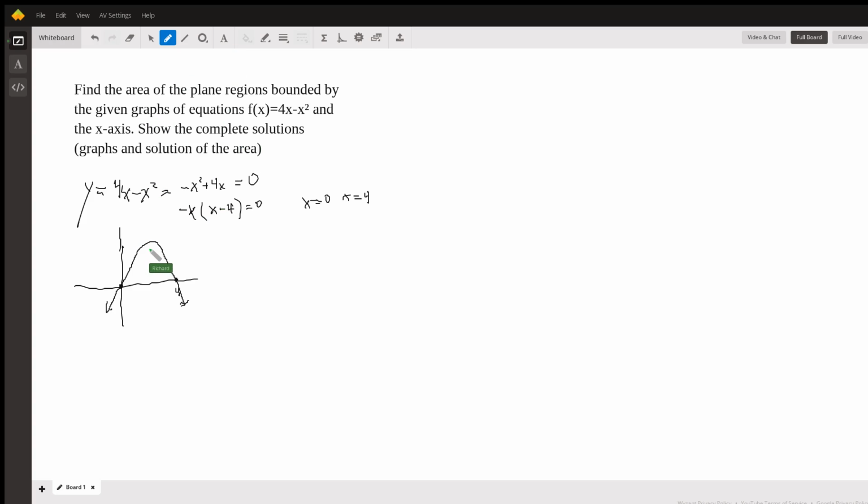Try to be a little more careful with my coloring, but this is the area that we want. So the area is just going to be the integral from 0 to 4 of 4x minus x squared dx.